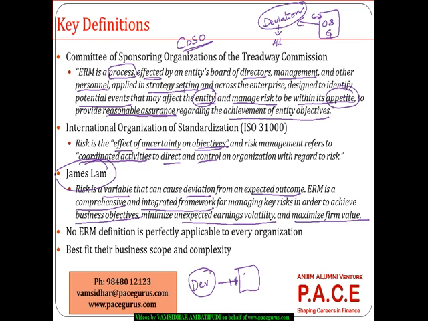Even though there is a deviation, it is minimized. So my earning volatility, which is nothing but the fluctuation in the profits, is much lesser. Profits are good enough, but they are not volatile. Consistency in the profit, which is going to maximize the value of the firm.